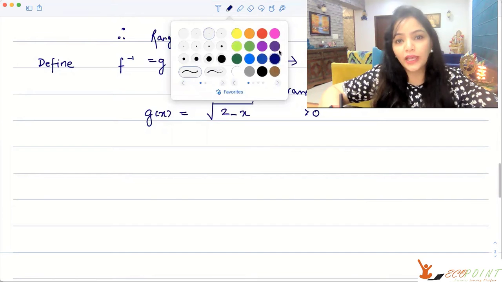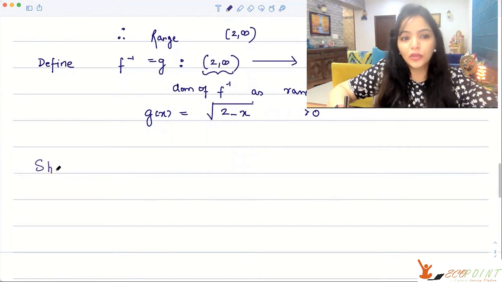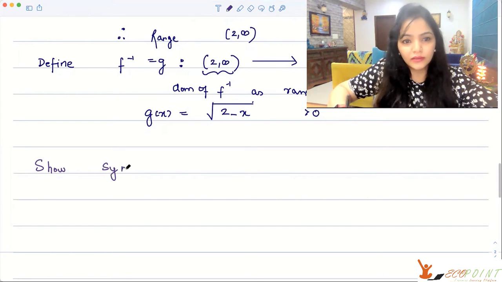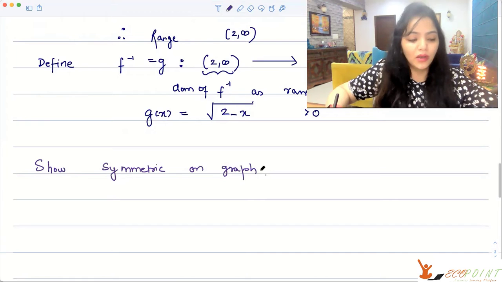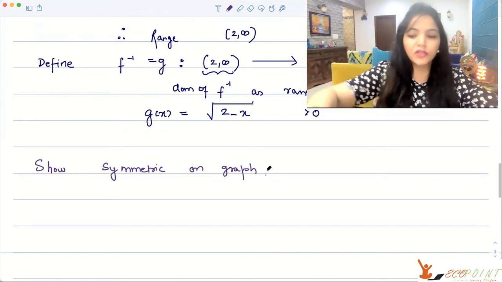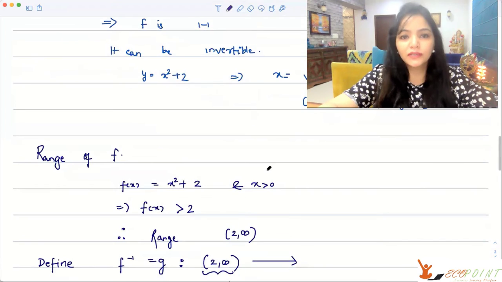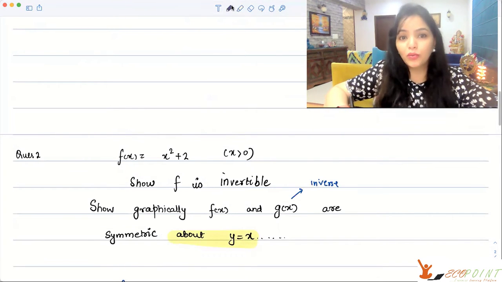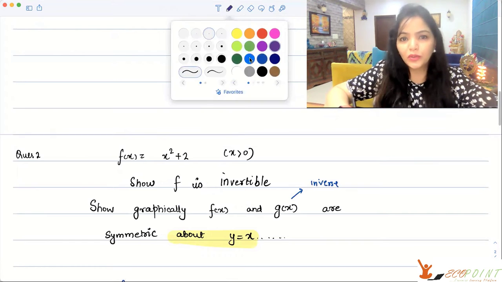Now, the next task that I've given to you, which is the graphical thing, is you have to show symmetric on graph. How to show symmetric on graph? So we have to show symmetric about x equal to y, or y equals to x, whichever way you want to write it.